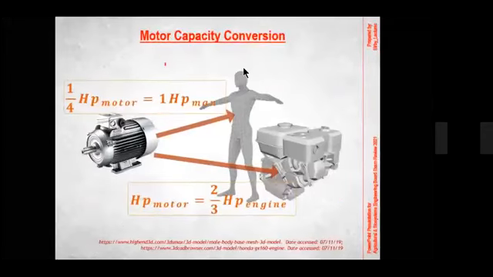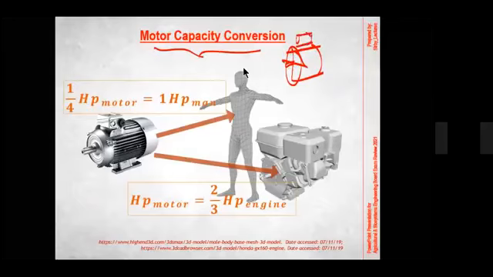Okay, so sometimes we also need to do some conversion. For example, if there's a blower for the dryer, or in the earlier picture that I showed you, the actual fan or blower is driven by an electric motor. Now what if, instead of using an electric motor, we want to use an engine?